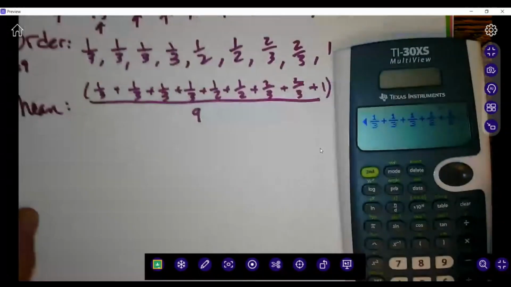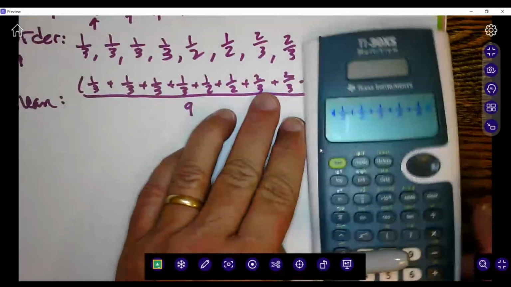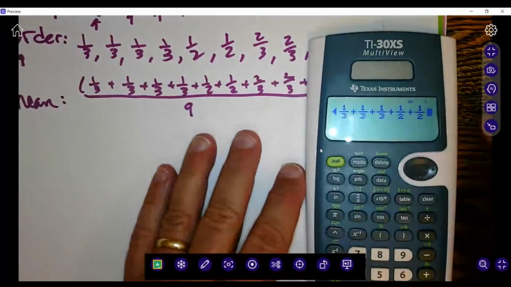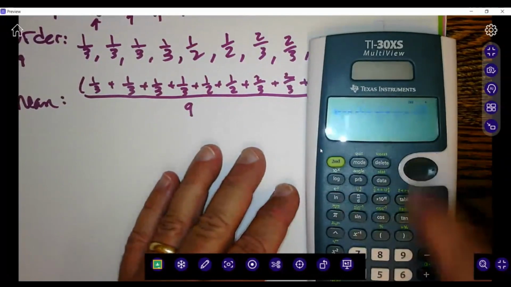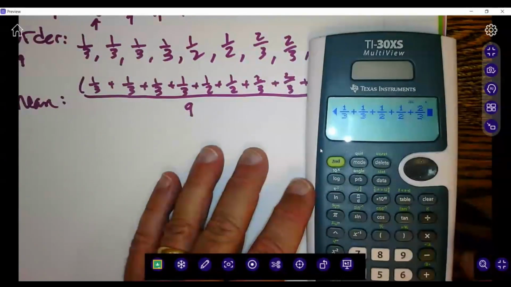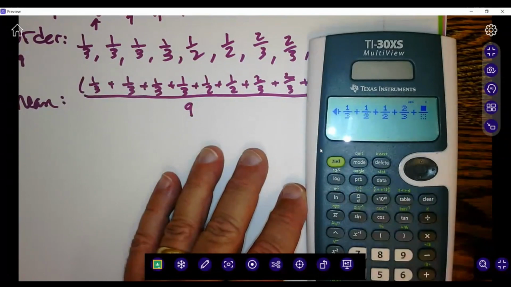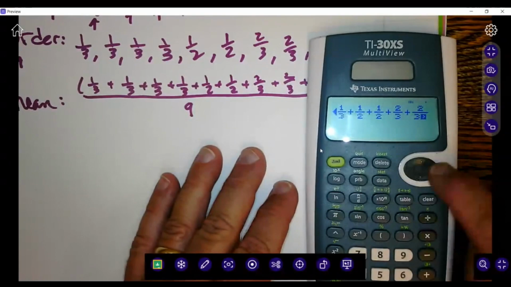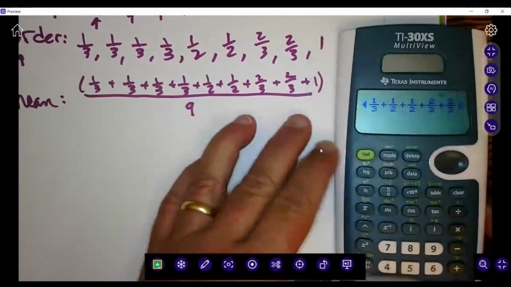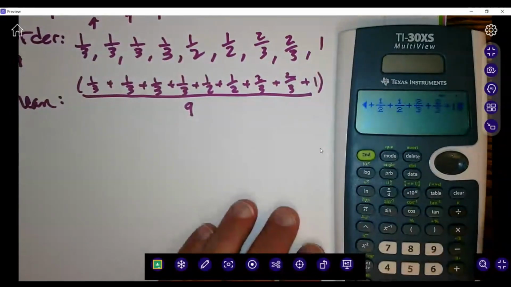Then we have 2 2/3. So plus fraction 2/3 plus fraction 2/3, come out. And lastly, we have a 1.